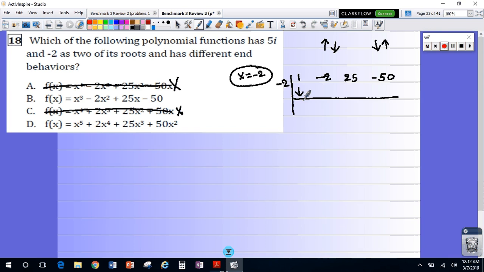So bring down this 1. 1, negative 2, that is negative 4, 8, 25 plus 8, 33, 33 times negative 2, negative 66. Okay. This is negative 116. So x equals negative 2 is not a solution. So B is also ruled out. So the answer is D.